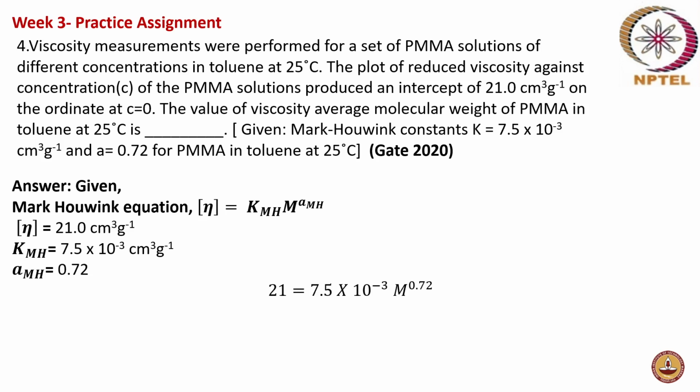Substituting, 21 is equal to 7.5 x 10^-3 into M raised to power 0.72. Rearranging, molecular weight is (21 / 7.5 x 10^-3) whole power 1/0.72. So you end up with molecular weight as 61,336.57 gram per mole. Hope you all got it.